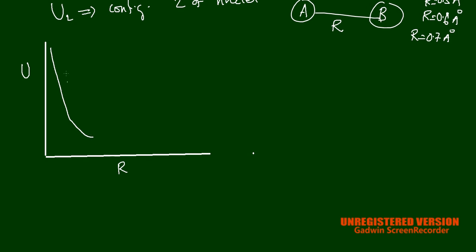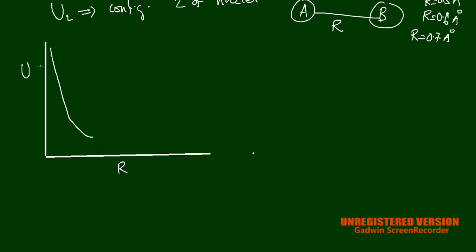When the r is increasing, then the u at the beginning was infinity. That is why I did not touch the curve at the u axis. Once you touch the curve at the u axis, it means that it has some finite value. Therefore, you should not touch the curve at the u axis. That's a mistake. In many textbooks, this curve touches the u-axis.